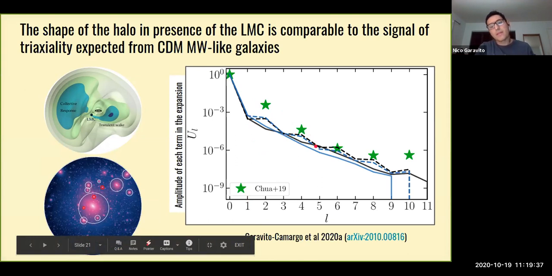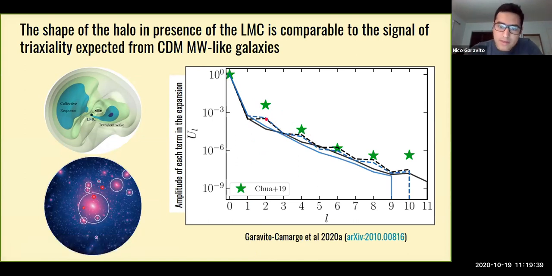We couldn't have this non-axisymmetric term. But also more importantly, you start seeing that at these high orders, the amplitude of the terms is comparable to what the LMC is doing in the Milky Way halo.